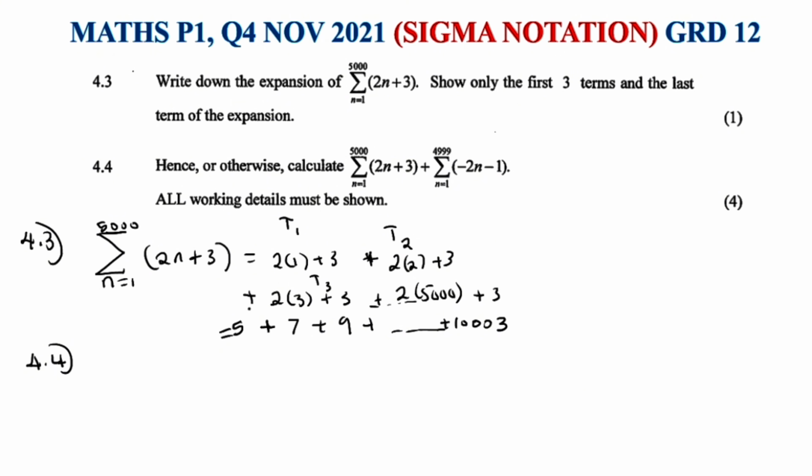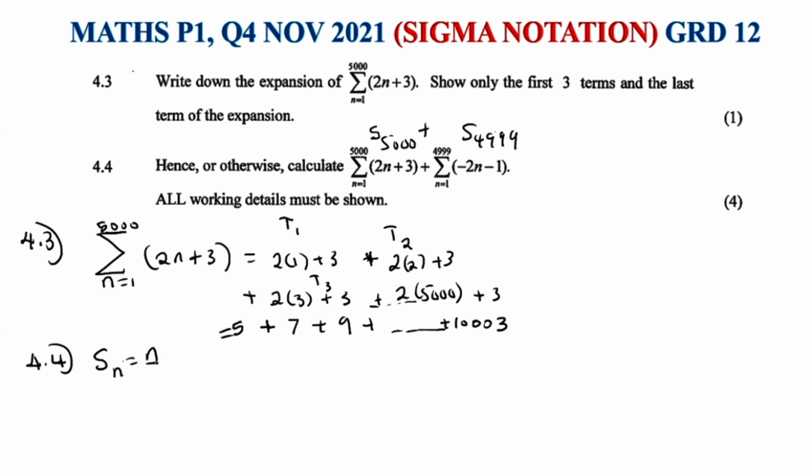So you would say, okay, from this sigma, let's find the sum, because as far as you know, this is referring to the sum. Sum at 5,000 plus sum at 4,999. Let's look for this one first, and then we'll come and add it. We know the formula from our formula sheet.